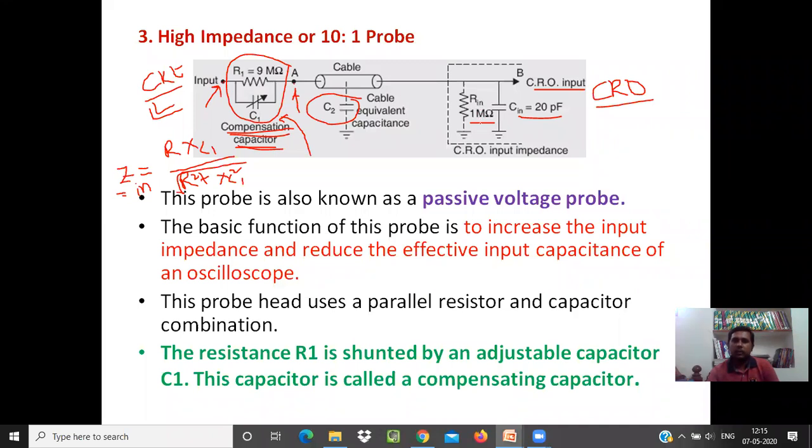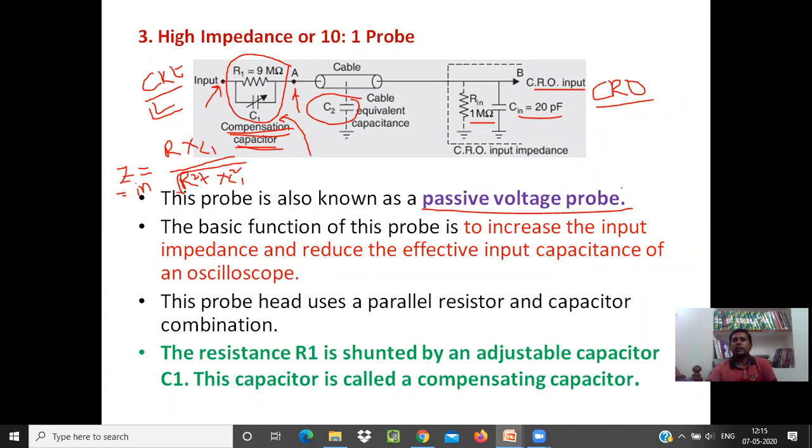Generally, in most cases, the CRO input impedance is 1 mega ohm and the input capacitance is 10 picofarads. That is the specification of the CRO. Now, this high input impedance probe is also known as a passive voltage probe.